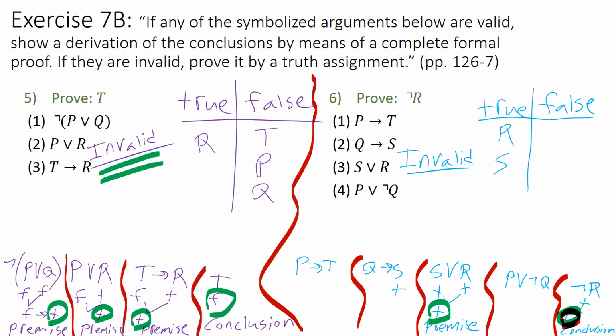What about Q? Well, Q shows up in the fourth premise, right? P or not Q. I think we could assign that still. I think we could still do our true streak, so to speak. Why not?